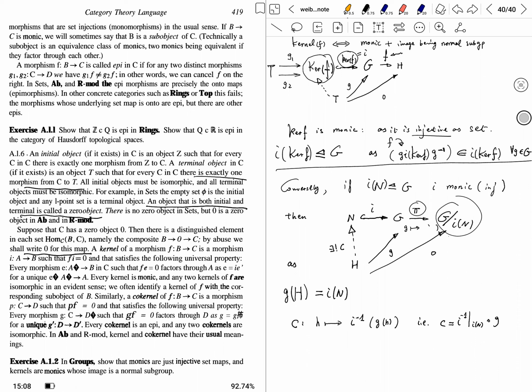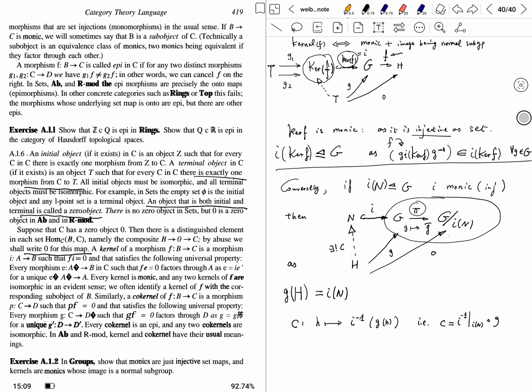And then obviously, firstly, we want to show that this is a kernel, which means I is the kernel of this group homomorphism pi.